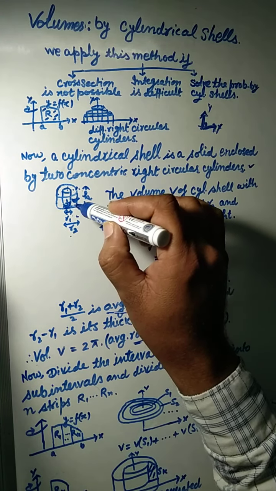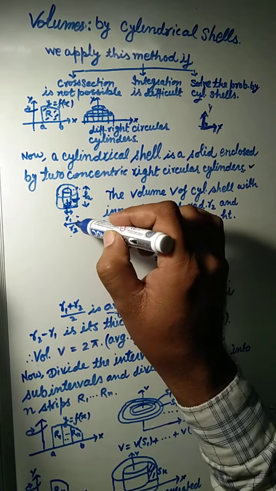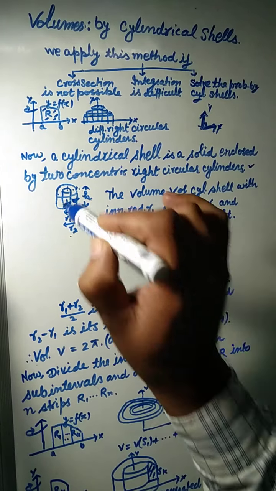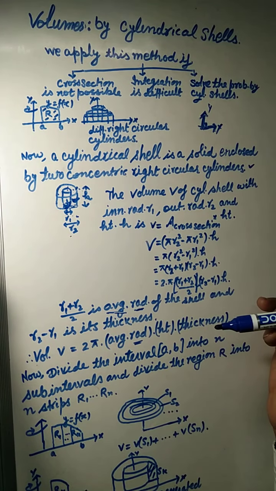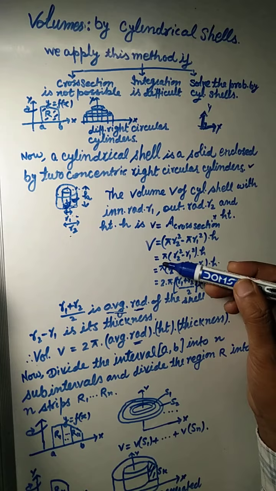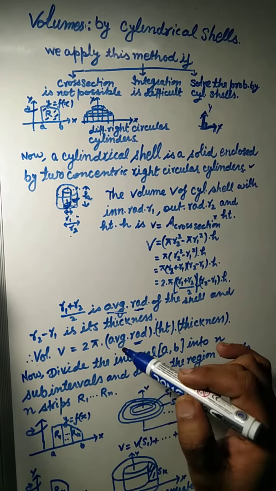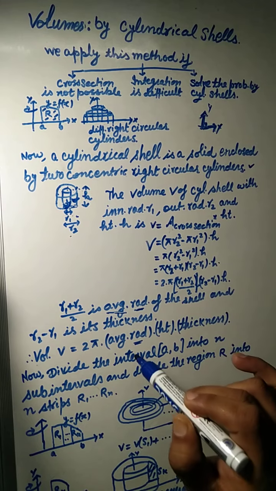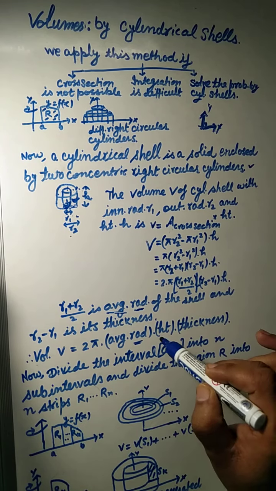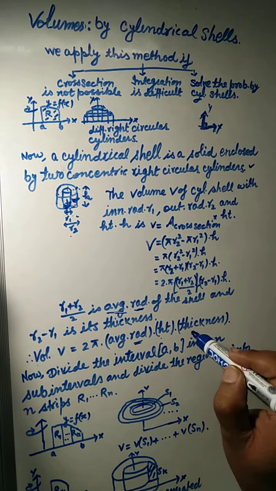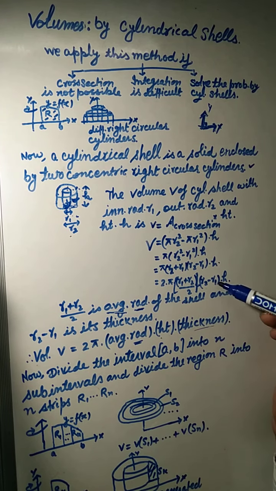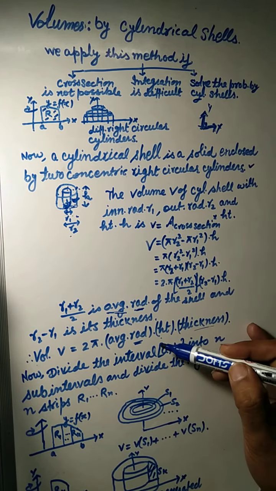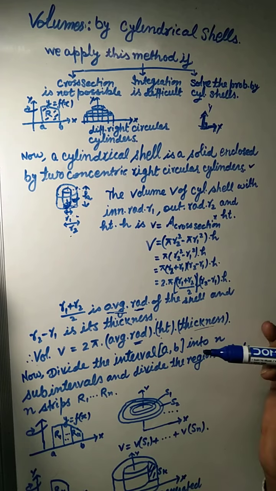This is known as thickness. Therefore, we can say volume V is 2 pi times average radius times height times thickness, where R2 minus R1 is thickness, h is height, and (R1 plus R2)/2 is average radius.